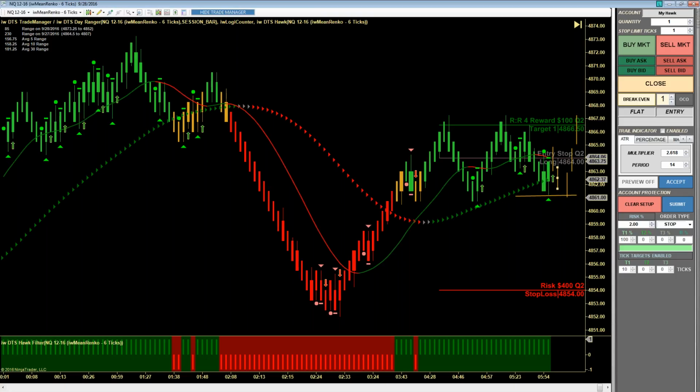But remember, our risk amount is the same. It's not like I'm risking less having the tighter stop. It's still going to cost me $400 if I put my stop right here. So why would I not run a deeper stop? Well, I'm going to earn less profit.